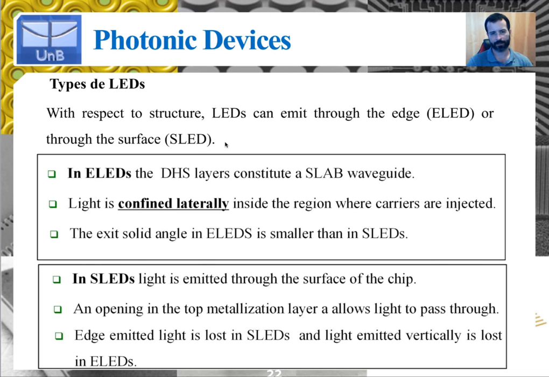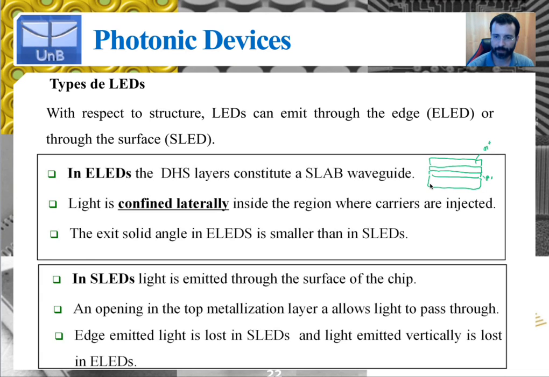In ELEDs, the double heterostructure will usually be used to constitute a slab waveguide. For example, you might have the wafer here, the heavily doped p-type semiconductor here, the active layer, the lightly doped p-type or n-type semiconductor here, and the heavily doped n-type semiconductor here.